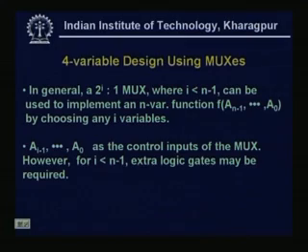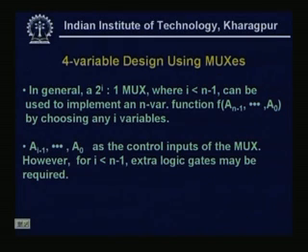Today we will see some large problem design, but before that we continue some the 4 variable design that we are discussing in the last class. So, 4 variable design using muxes.